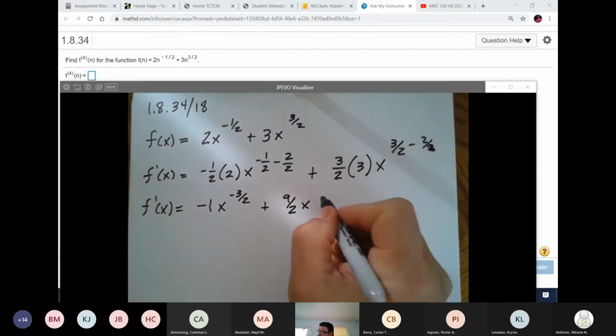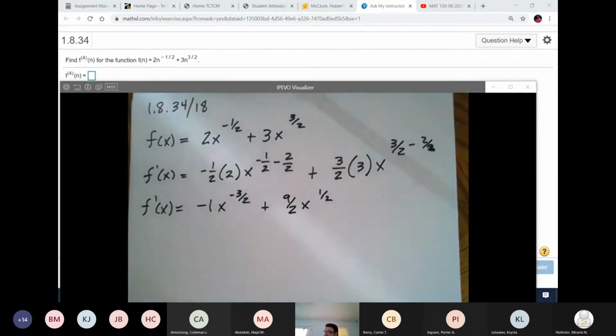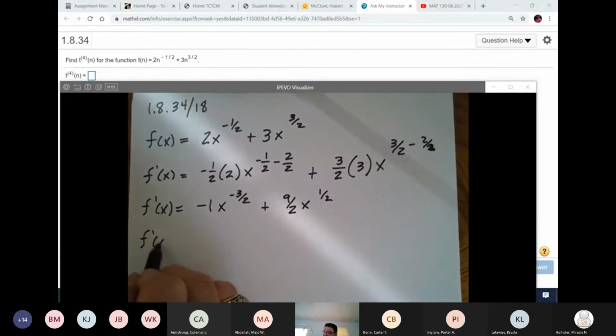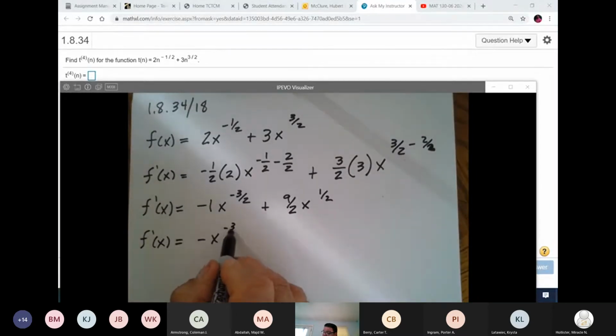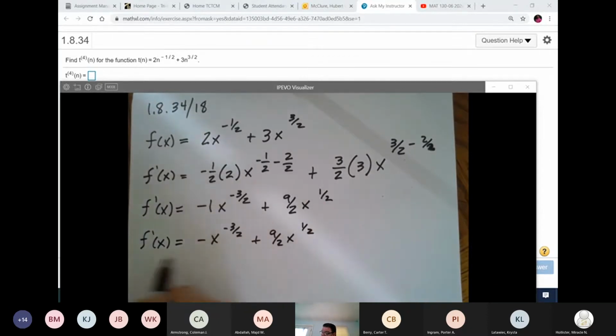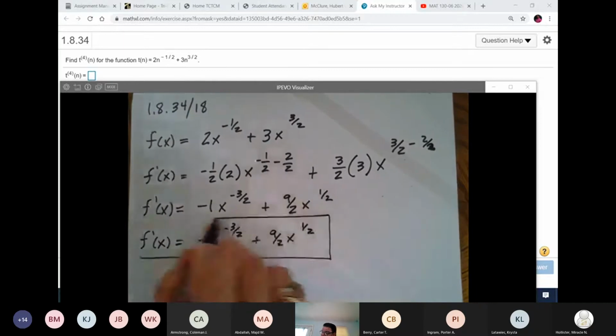To the 1/2. Now, the only thing I would do to clean this up is drop the -1 and just put negative. So f prime of x is equal to -x to the -3/2 plus 9/2 x to the 1/2. That's your first derivative.